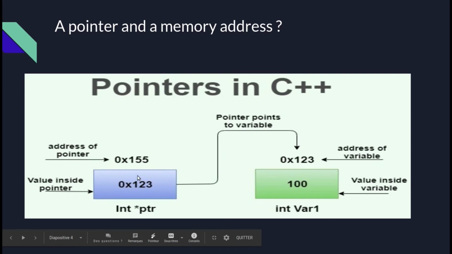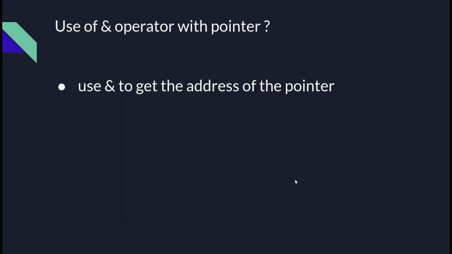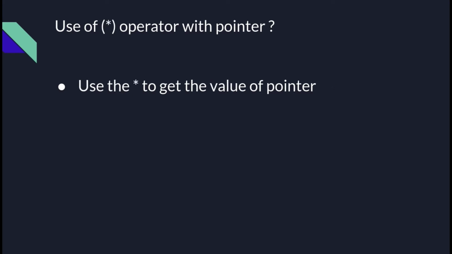So when you use pointers, that means we are going to deal with addresses and the value at the same time, and we use the asterisk to get the value of the pointer. When we talk about a simple data type, you are just handling values. There is no address.